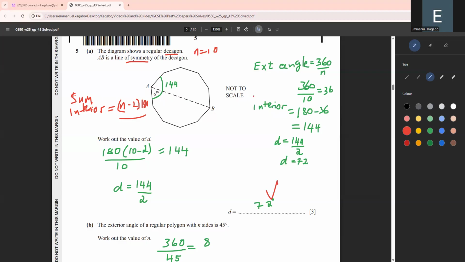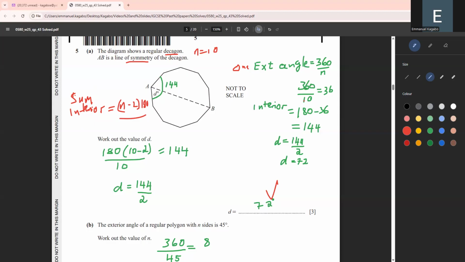Now, another way of doing that question, and it's very important and crucial to know which method to use in your exam, because it will depend on the question. Sometimes you need the sum of interior angles to get one interior angle. Other days you need to know that one exterior angle is equal to 360 divided by the number of sides.